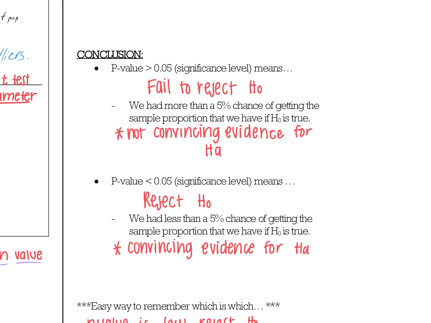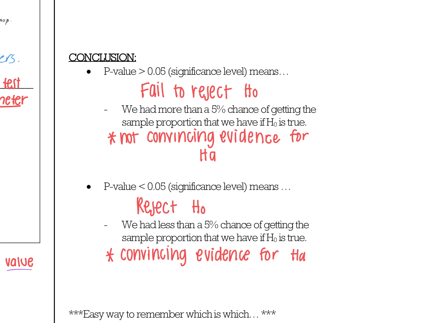And we come down to our conclusions. Of course, when your p is greater than 0.05, or the significance level, we fail to reject that null hypothesis. And if we say that, then what are we saying? We have more than that 5% chance of getting this sample purely by chance if the null hypothesis is true, which is basically not convincing evidence that something different than the null hypothesis could be valid.